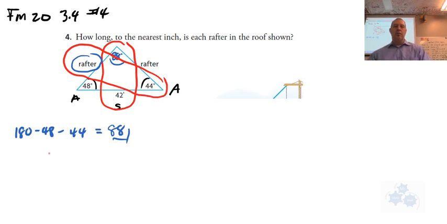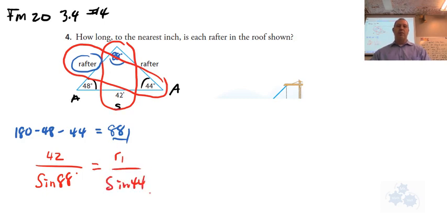So I'm going to go 42, because that's the length here, over sine 88. Now make sure you include the sine part, okay? It's not just 88 degrees, it's the sine of 88. And then we'll put the length here. Let's just make that R1, the first rafter, over sine 44.